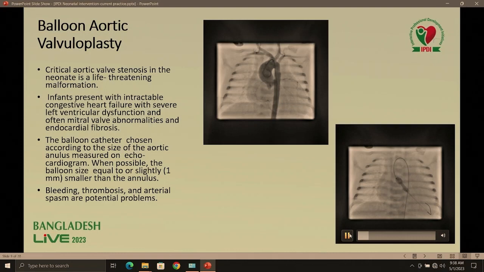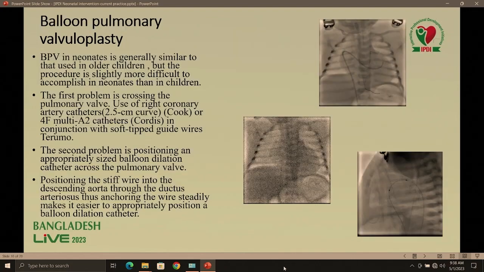The balloon catheter is chosen according to the size of the aortic annulus, and when possible the balloon size equal to or slightly 1 millimeter smaller. Patients may go into sudden bradycardia, so your cath lab should be ready for this.